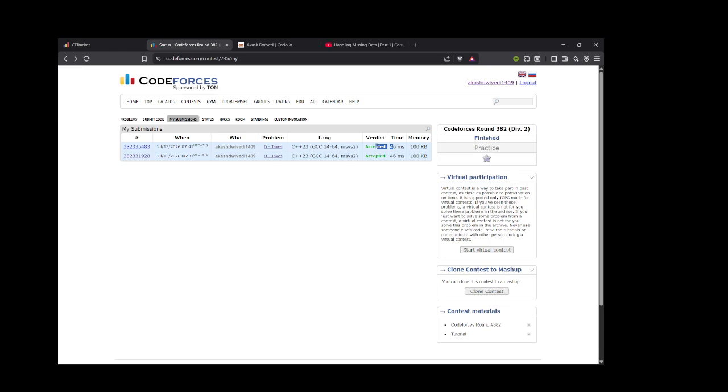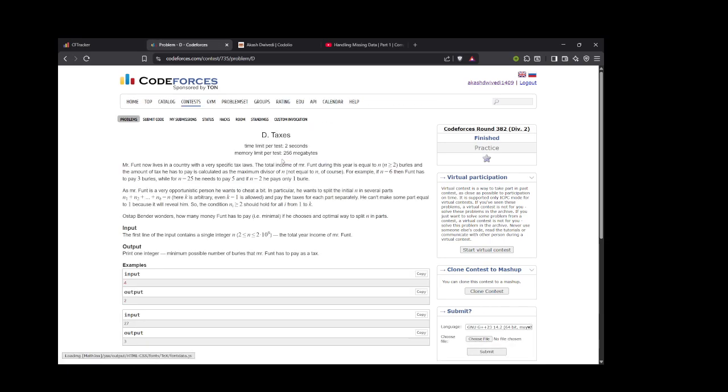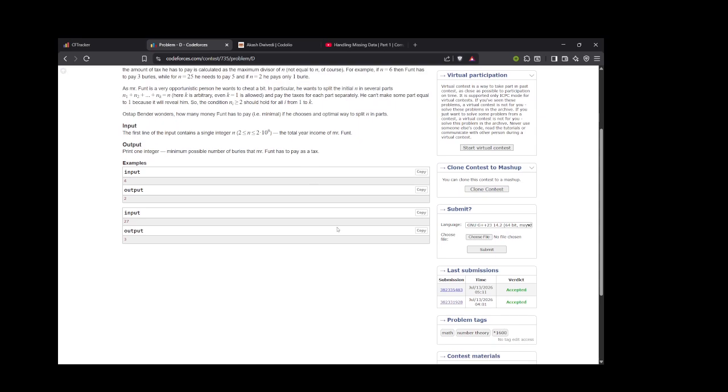Yeah, so that's all for the problem. Pretty simple problem, but a tricky one too. Because if you have decoded the prime, n minus 2, even and odd thing, then it is a very easy problem.